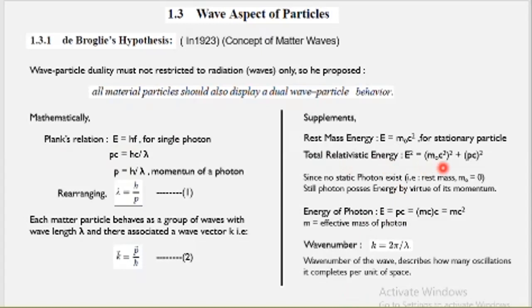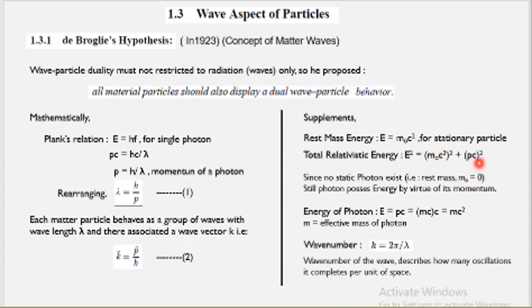As we know, by definition, light travels with a speed c, which means there is no concept of a static photon. That is, the rest mass of the photon is always zero. So for the energy of a photon, this first term goes to zero and we end up with the second term.